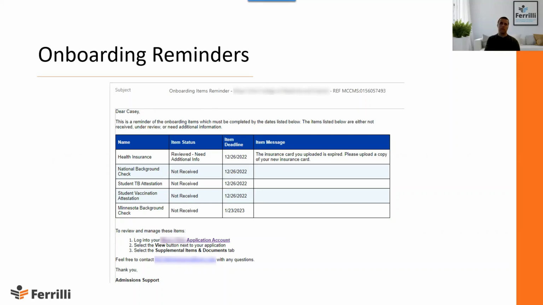We're able to display the table and the instructions. I also want to point out the health insurance item where we said additional info is needed. That personalized message that we sent as a part of the email, we can actually display here as well.